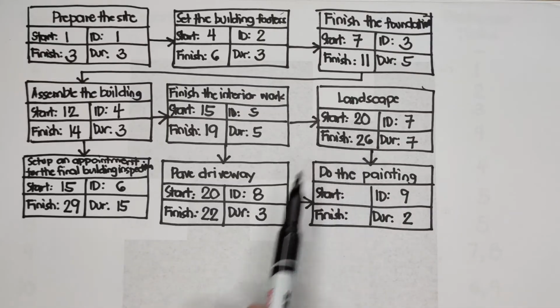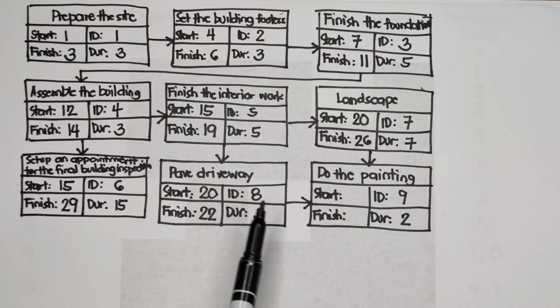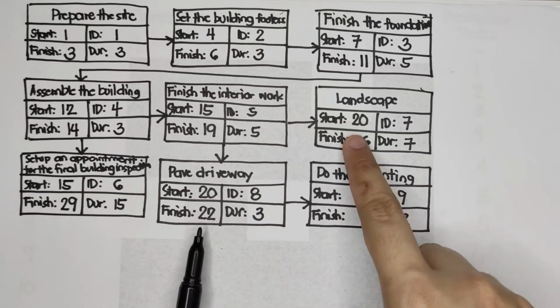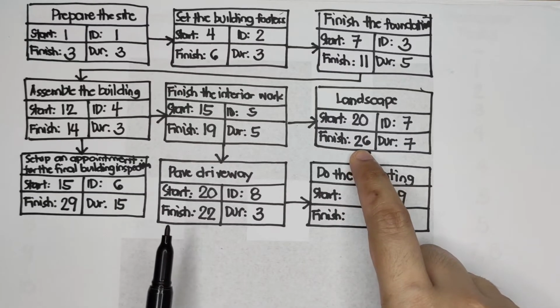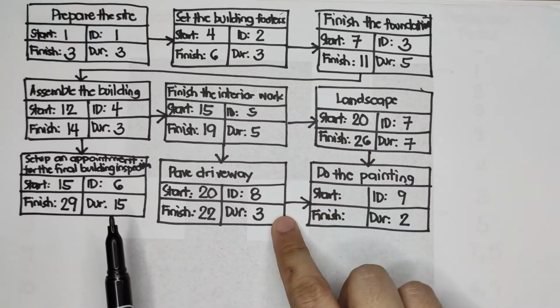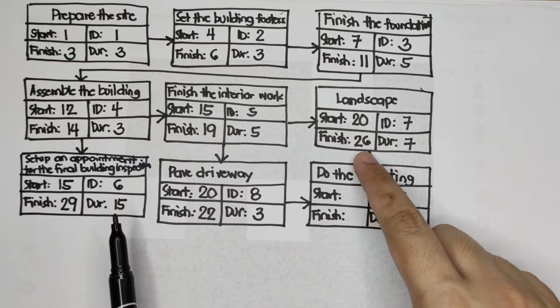You could only do the painting if landscape and paved driveway are both done. If we choose the finish day for paved driveway, 22, we cannot start on day 23 because landscape will finish on day 26. So, you have to consider the longest task, the one with the longer deadline.